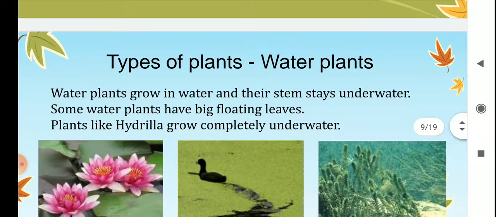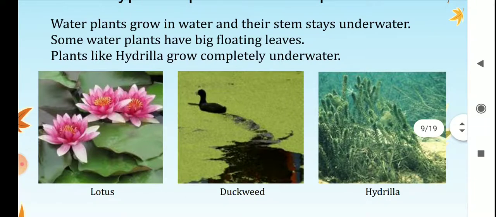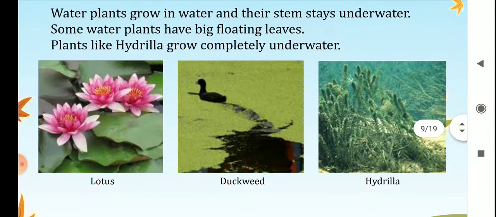Now the last one is the water plants. Water plants are the plants that are present in the water. Water plants grow in water and their stems stay underwater. Basically they are underwater and sometimes also on the surface of the water. Some water plants have floating leaves.